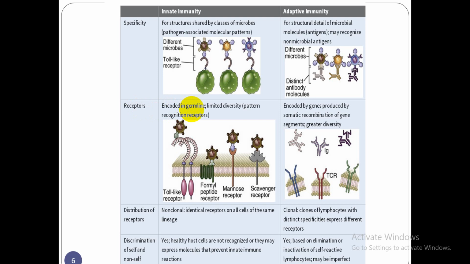But the adaptive immunity cells have receptors that are encoded by genes produced by somatic recombination of gene segments, and they show greater diversity.